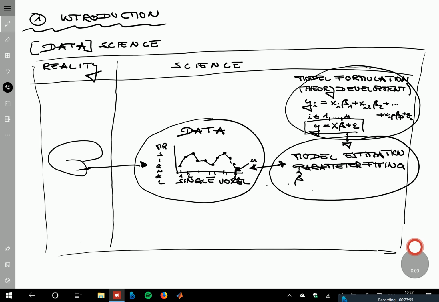In any case, these kinds of things fall into the model estimation business. And for example, for these beta parameters that you see there, there's a formula that does this.